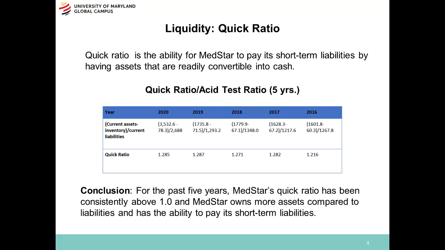A ratio higher than 1 indicates that the organization owns more than what is due. Since MedStar's quick ratio has been above 1 since 2016, this means that MedStar owns more assets compared to liabilities.